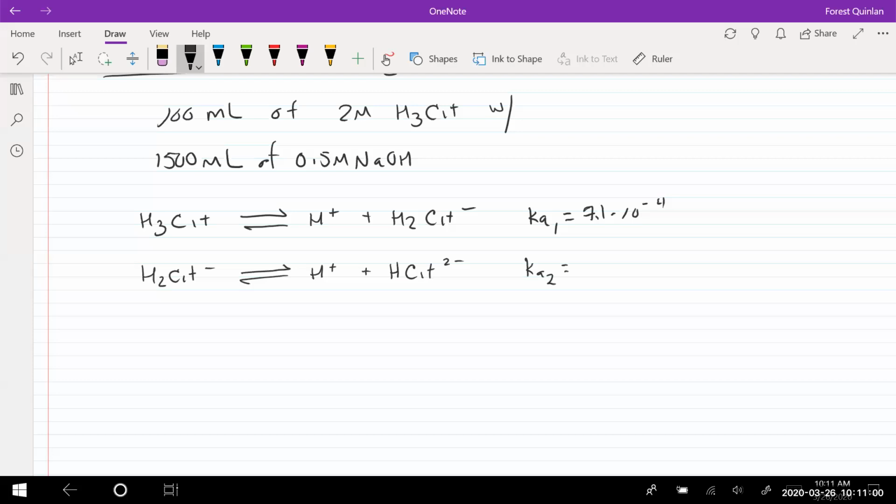This has a Ka2 equal to 1.68 times 10 to the minus 5. And finally, we have H-CIT 2 minus going back and forth to make H plus and CIT 3 minus. This has a Ka3 equal to 6.4 times 10 to the minus 7.